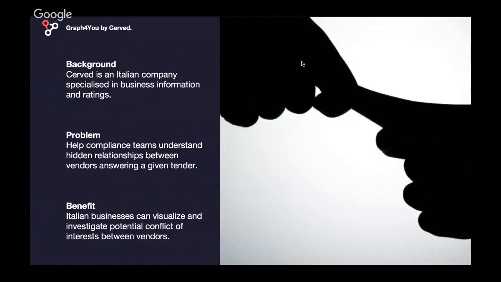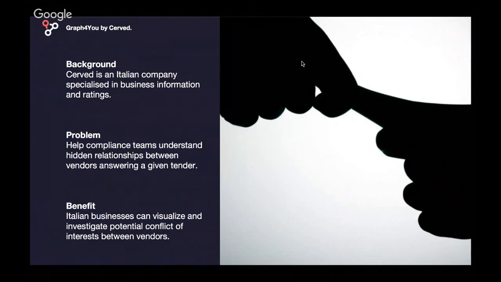A second use case is the work that we are doing with our partner Cerved. Cerved is an Italian company specialized in business information and ratings, and they were looking for a way to help compliance teams in large enterprises understand hidden relationships between the various vendors and companies involved in answering a given tender.